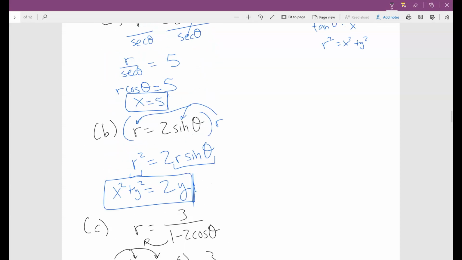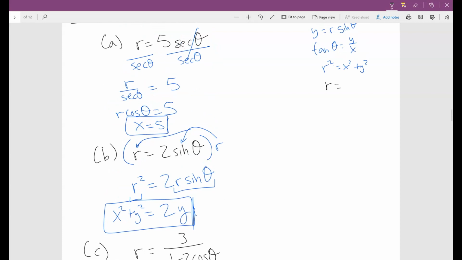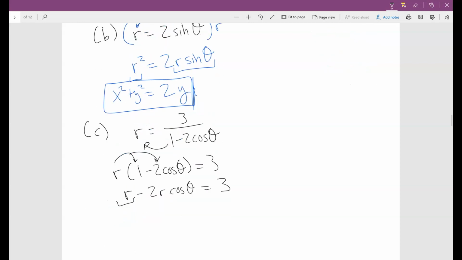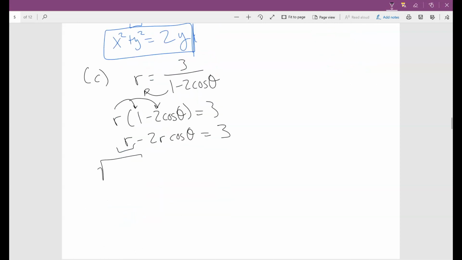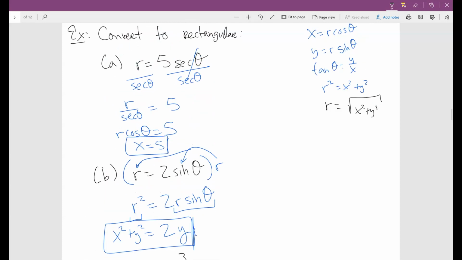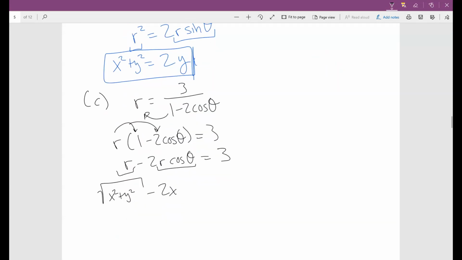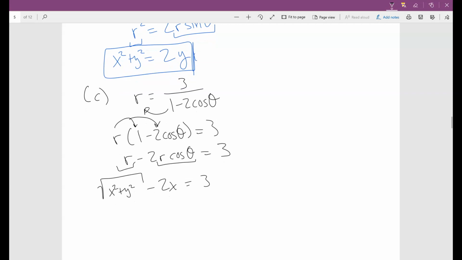Well, if I square root this guy, r is just equal to the square root of x squared plus y squared. Okay, so that means this guy is just the square root of x squared plus y squared. This guy, r cosine theta, that's just going to be x, because r cosine theta is just equal to x. And this is equal to 3.